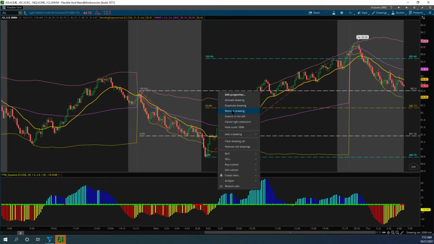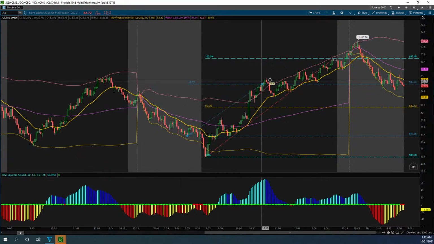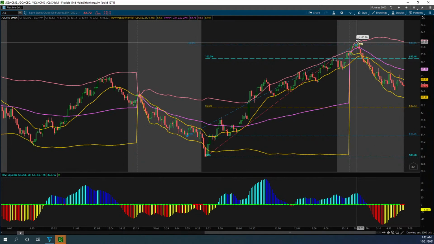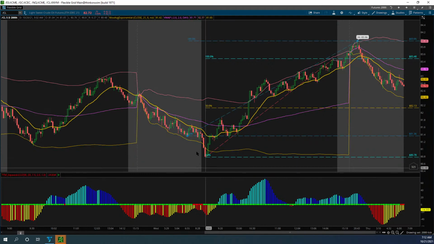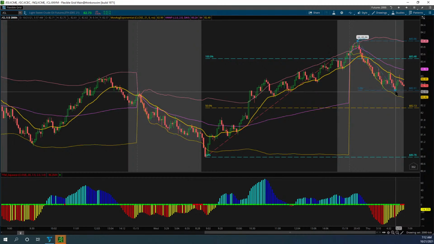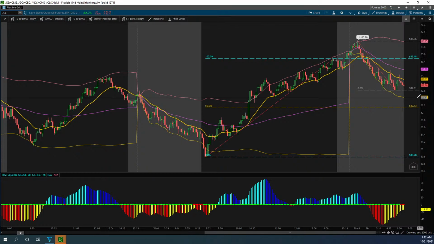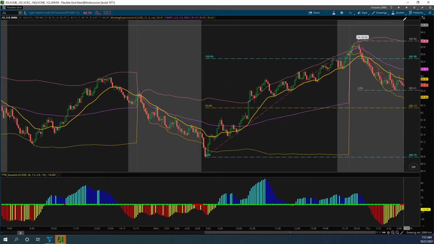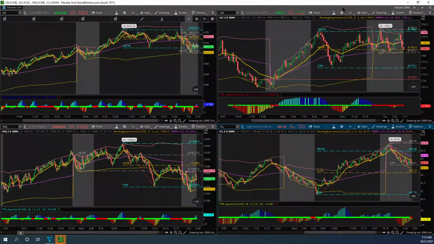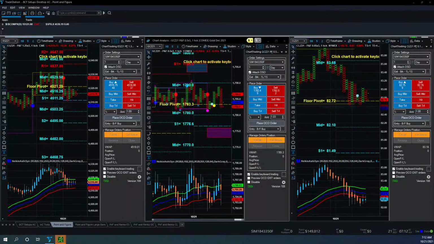Overnight so far it went up here to 83.96 and then came back down. The low of the session on the overnight is 82.61. Okay, so done with that.